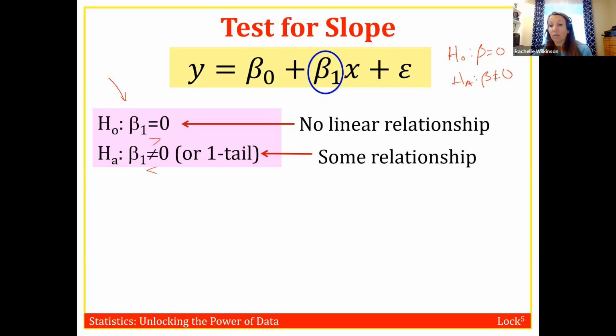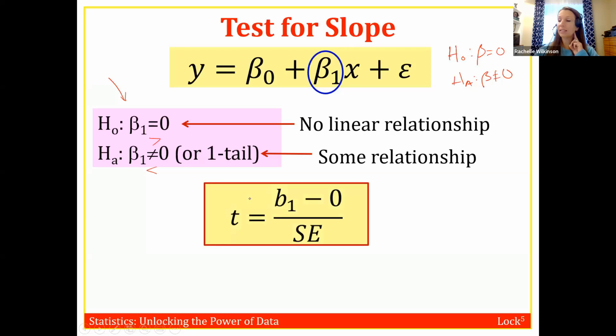So I'm going to have to mark that wrong. The subscript is important because it tells me that you knew you were doing a test on the slope and not on the intercept. So those two things: make sure you're using beta, make sure it's beta 1, and keep that subscript on there when you're writing the hypotheses.